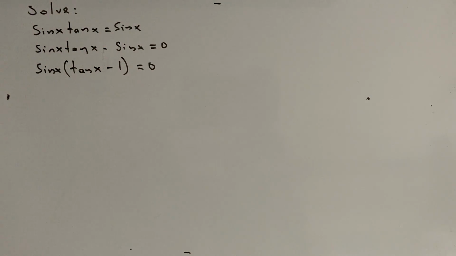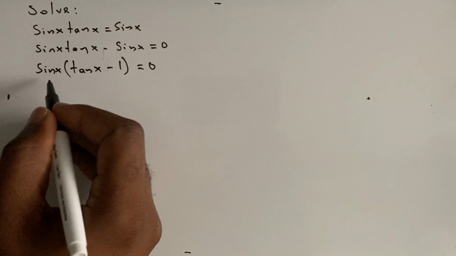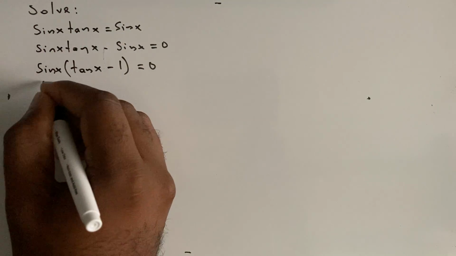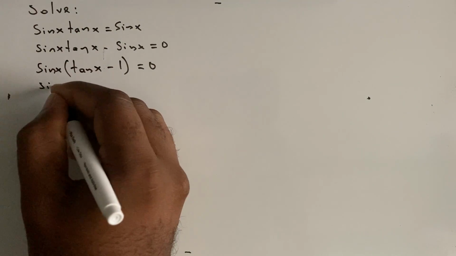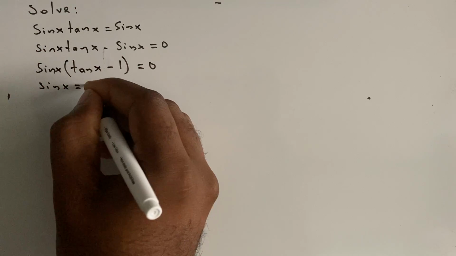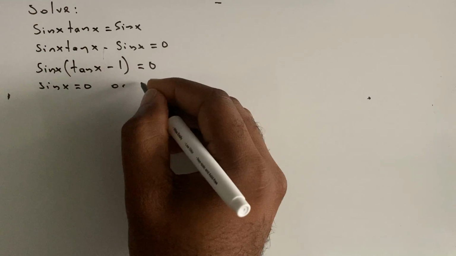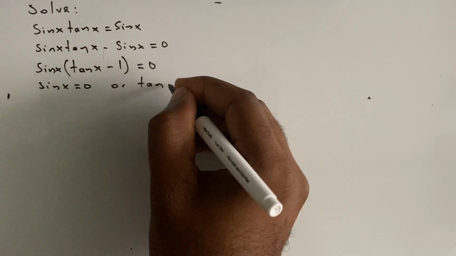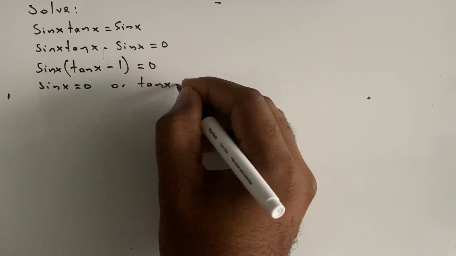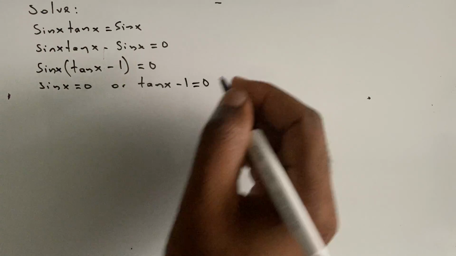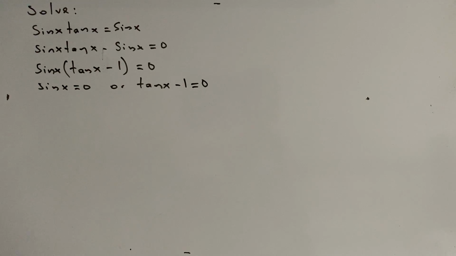Okay, and all we have to do now is, we have two factors that equal 0, so one of them has to be 0. So it's either sine of x is 0 or tangent x minus 1 is 0. Okay, so we have two equations to solve here.